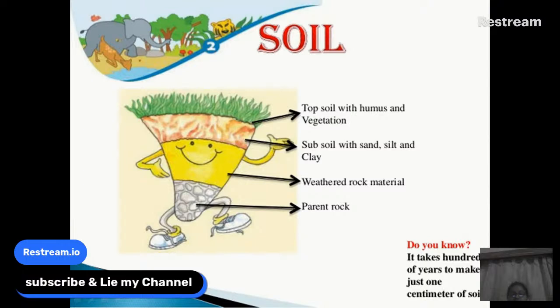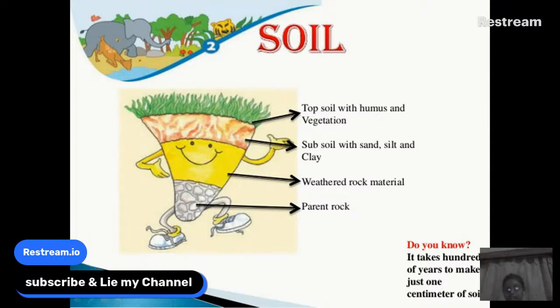Okay, next, you might have seen there is a rock type which is called the parent rock. Now, what is rock? Rock is a solid and massive material composed of one or more minerals.